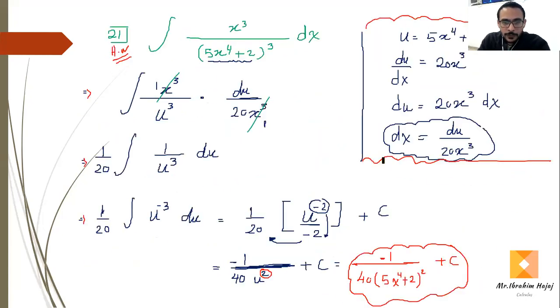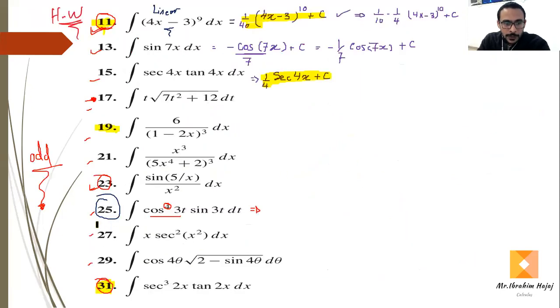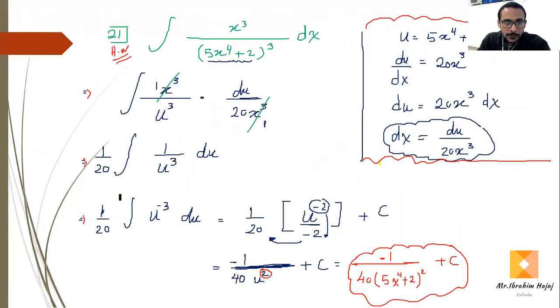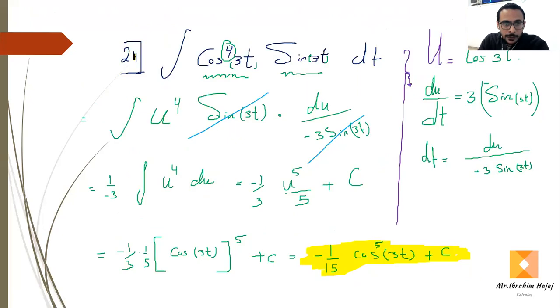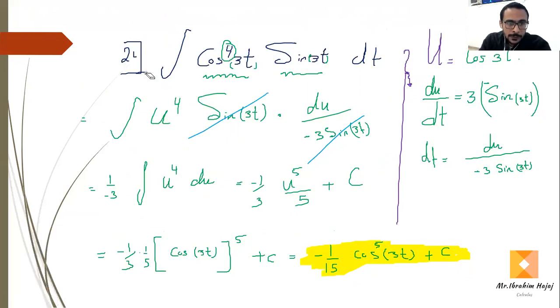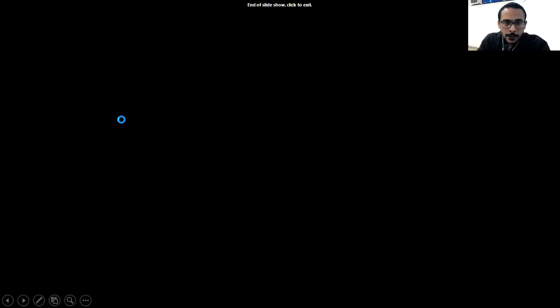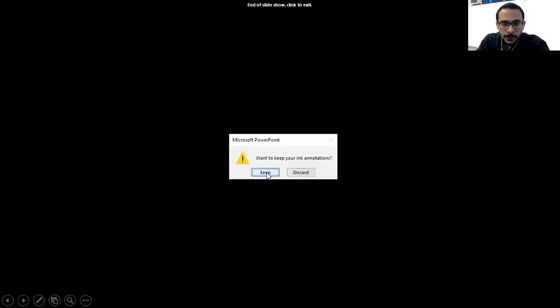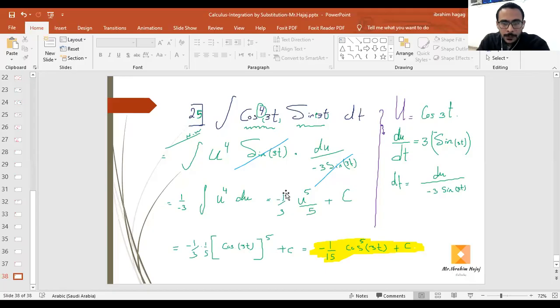It's question 24, right? Finished all the homework. It was 25, not 24. We are solving 23, 25. This question is 25, in the homework.